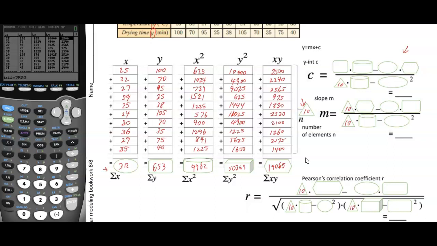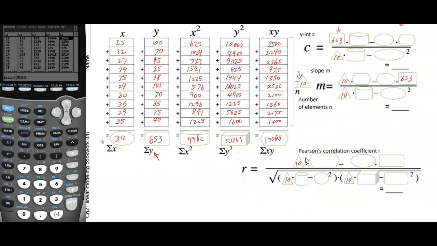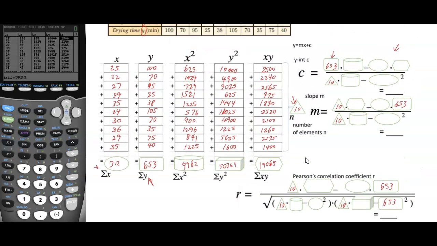There we go. What about this square, the rounded square? The rounded square is sigma y. So let's put 653 into all the rounded squares. Is this fun or what? Okay, now we're going to put 312, which is sigma x, in all the rounded ovals.